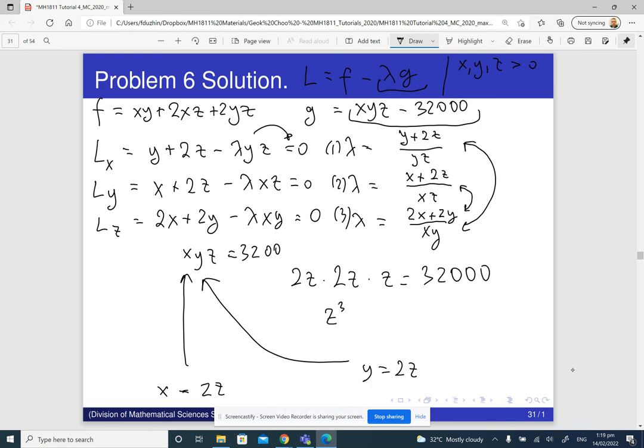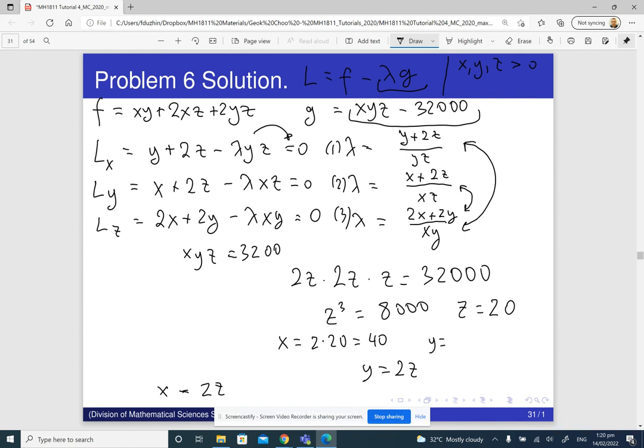So z cubed equals 32,000 divided by 4, which is 8,000. So z itself is going to be the cube root of 8,000, which is 20. And x is 2z, so x is 2 times 20, which is 40, and y is also 2z, which is also 40. So the answer is 40, 40, 20.